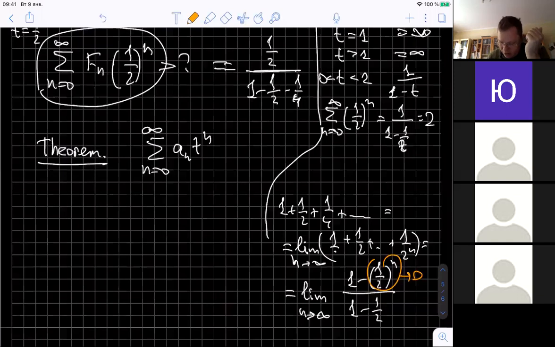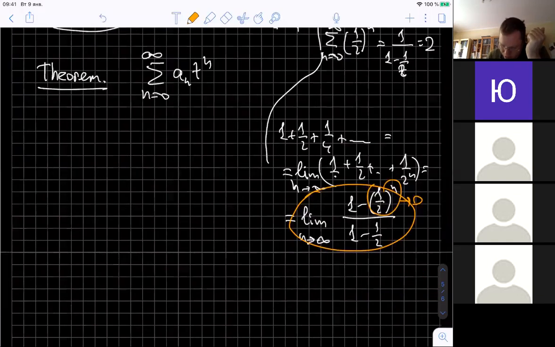So the whole formula will tend to 1 over 1 minus 1 over 2, equal to 2.